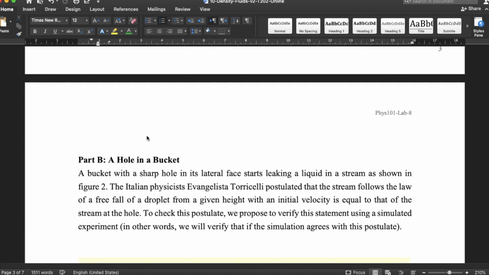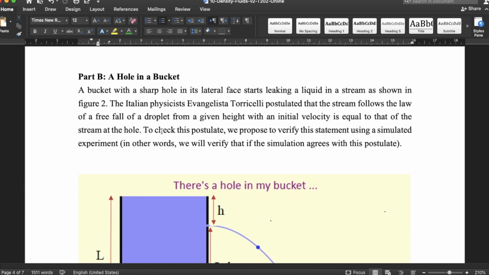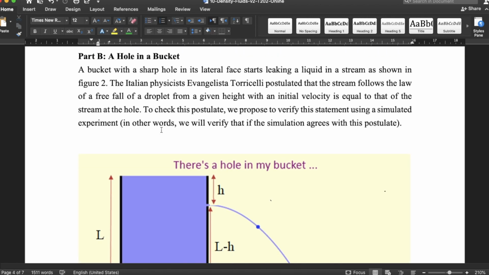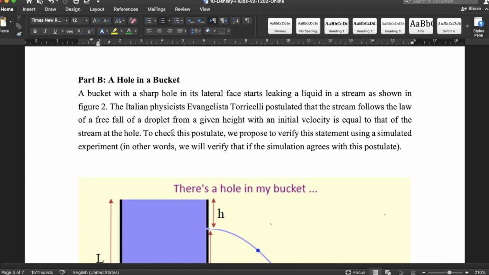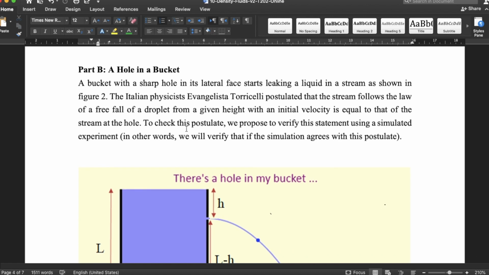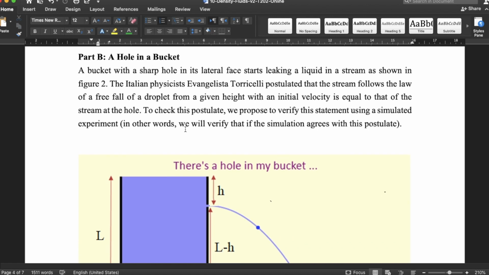Now in part B, we'll use a different simulation and different mechanics, because in part A we discussed fluid statics, but in this case we'll discuss fluid dynamics, and we'll use Bernoulli equation basically.